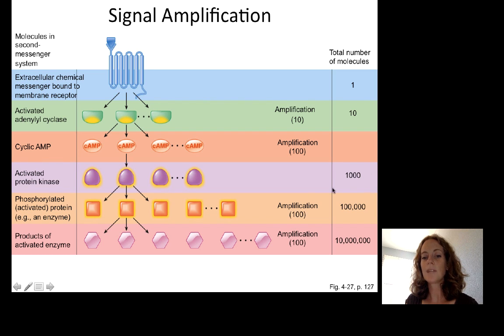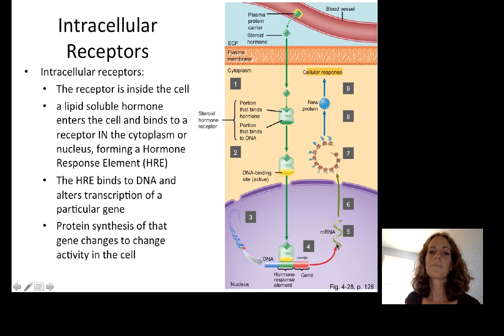Then 1,000 protein kinase Cs can amplify and activate the enzymes downstream in the cell, phosphorylating different proteins. The products then of those enzymes can be in the millions. So one single molecule binding can create literally millions of activated molecules within that cell. Okay, so that was second messenger cascades.